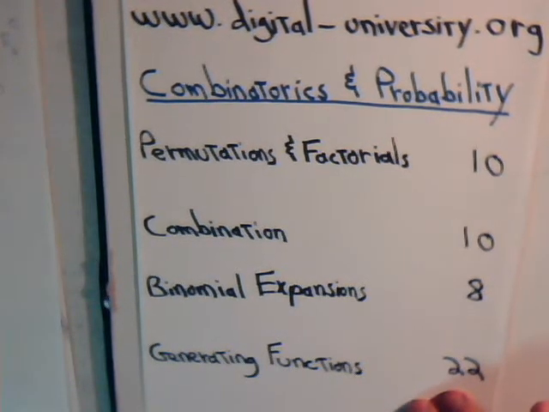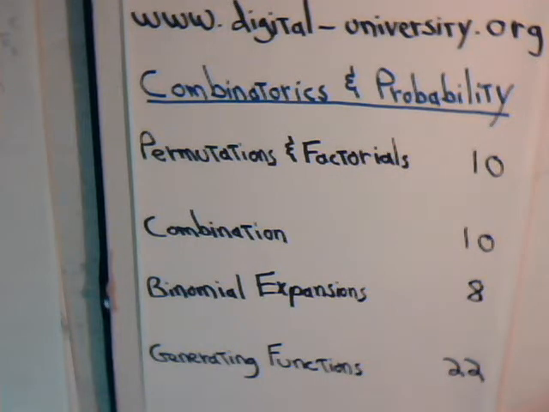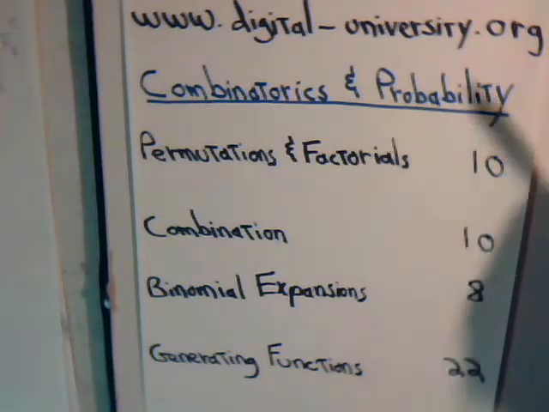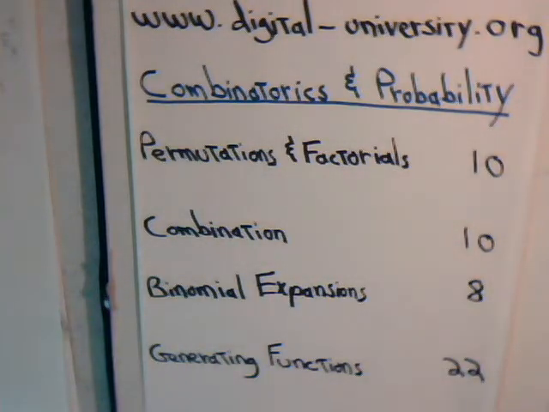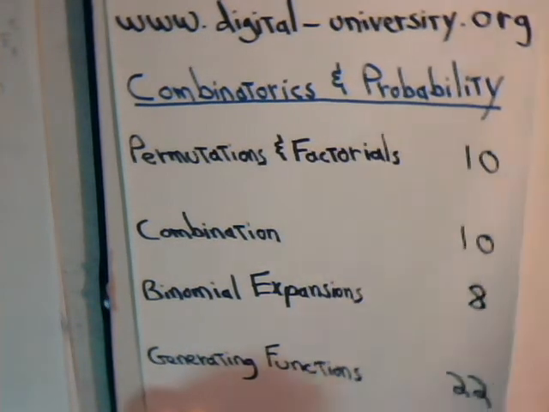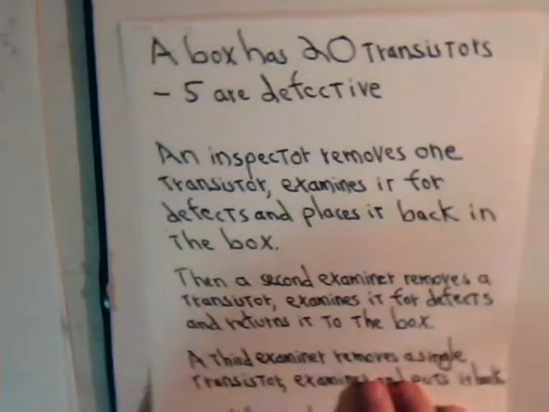So if you hear us make a reference to a previous video or a math technique that you're not familiar with, please go to the website, click on the Combinatorics and Probability section, and you can find those earlier videos.